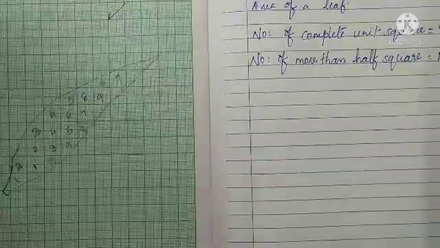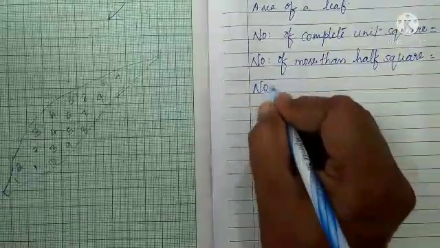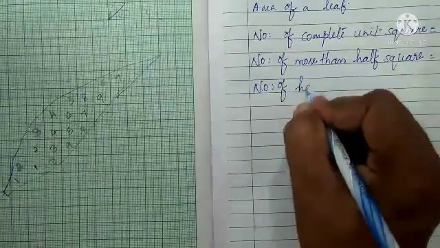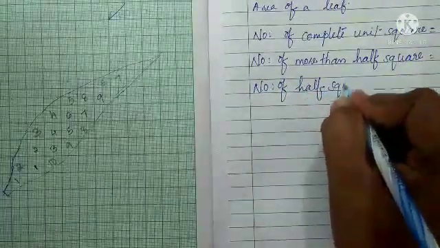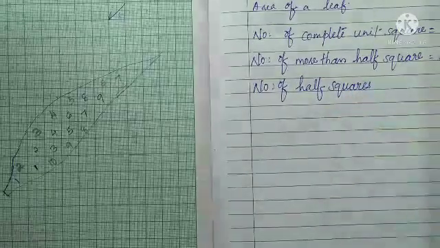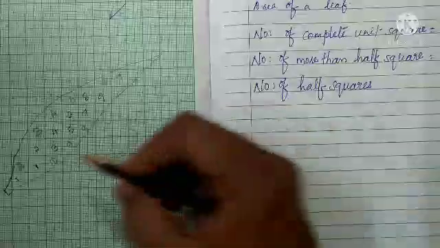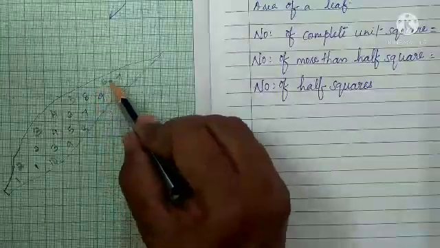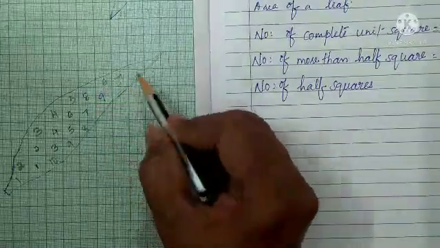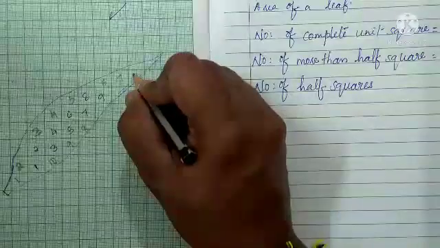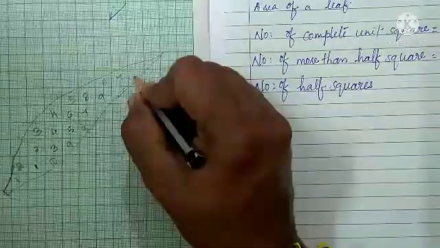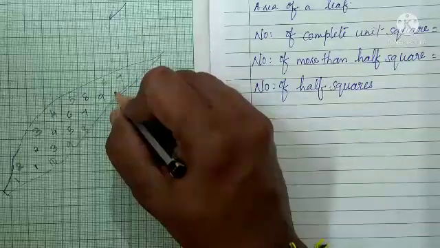So next step, we need to find out the number of half squares. So how many half squares are there? How many half squares are there? This is half? Yes, only 1 and 2 half squares are there.